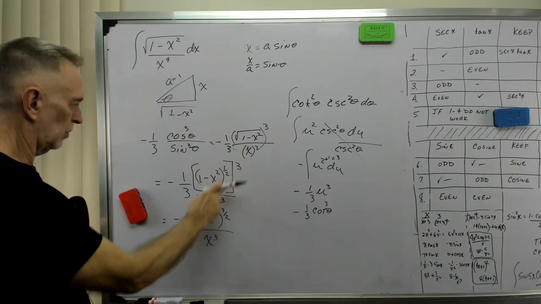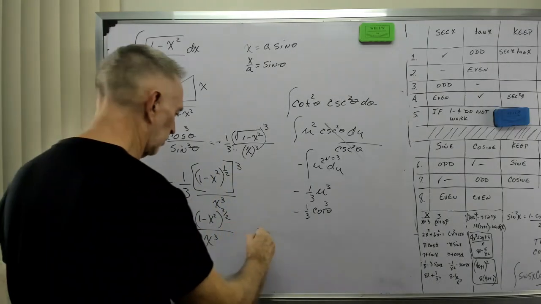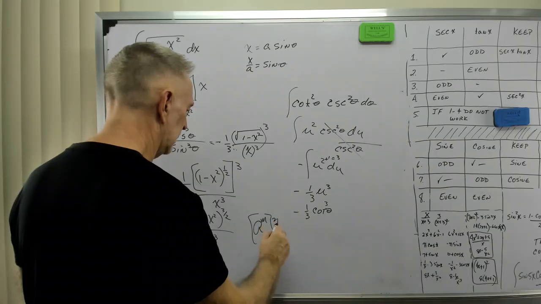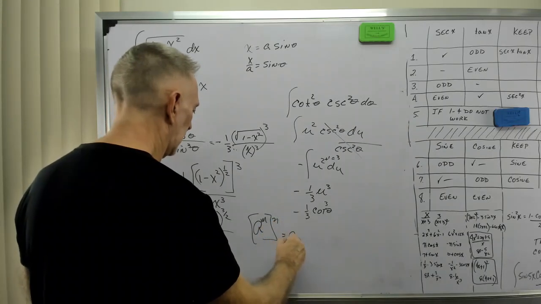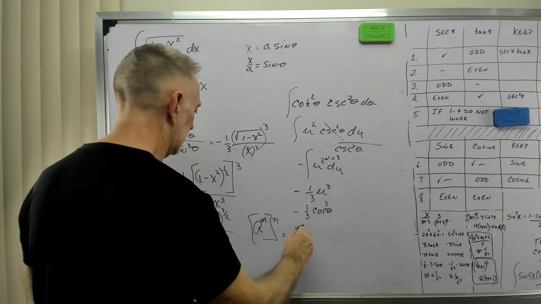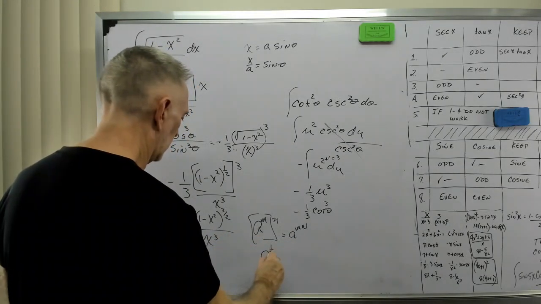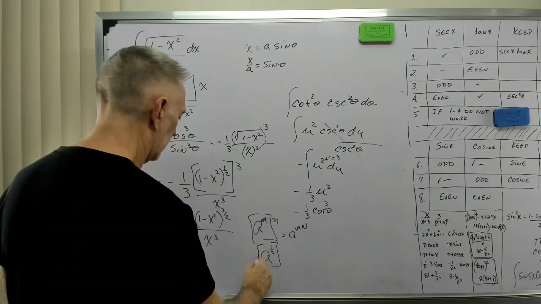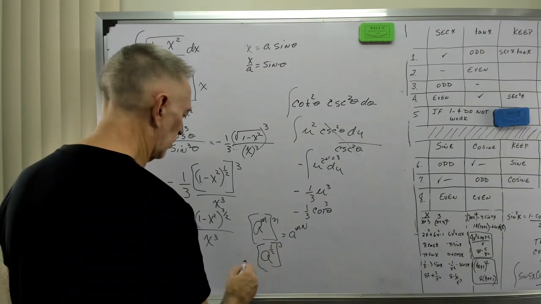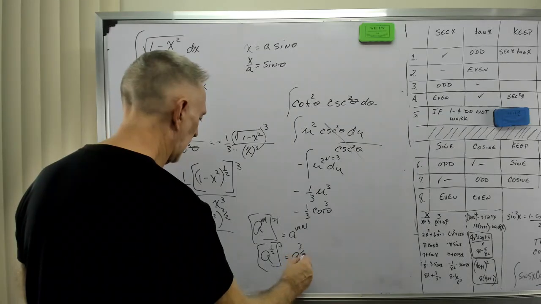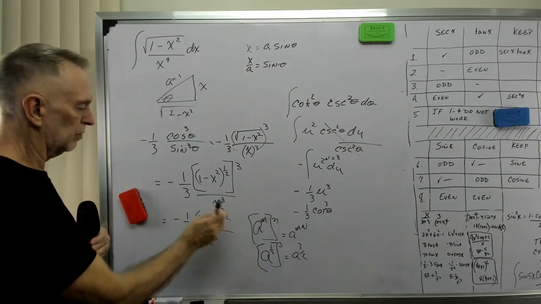You may wonder how I got from here to here. Remember the rule, a to the m raised to the n power is a to the m times n. In my case, I had a to the 1/2 raised to the 3rd power, so 3 times 1/2 gives me a to the 3/2. That's how I ended up with that term.